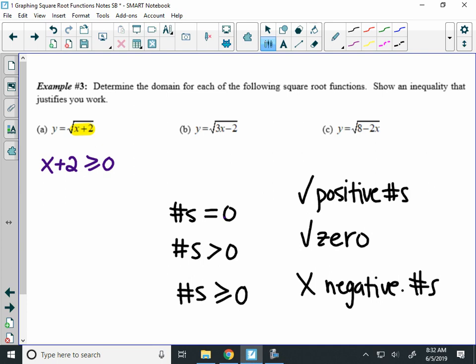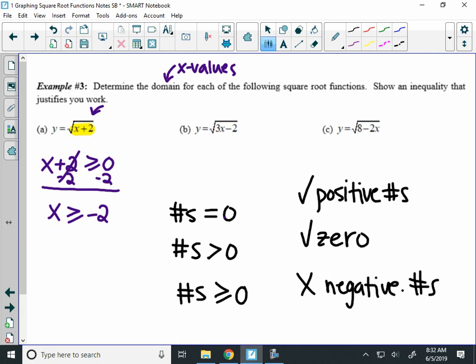Remember, domain are the x values. What x values am I allowed to put into this radical that makes it so that the thing under the radical isn't negative? So I'm going to solve the equation. When I subtract 2, I get x is greater than or equal to negative 2. That will be your domain.